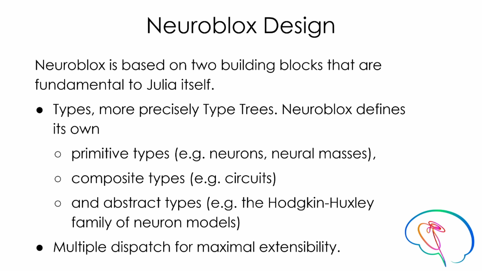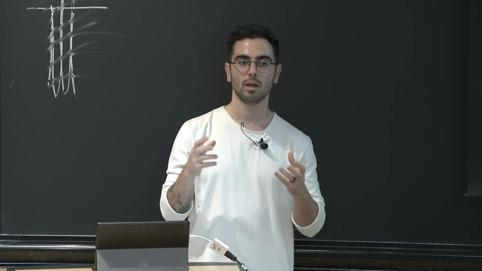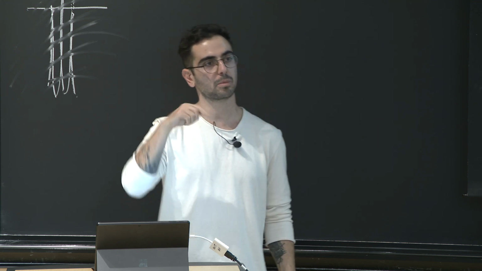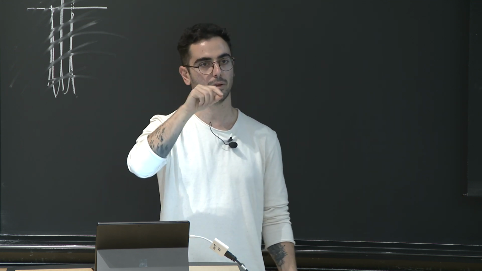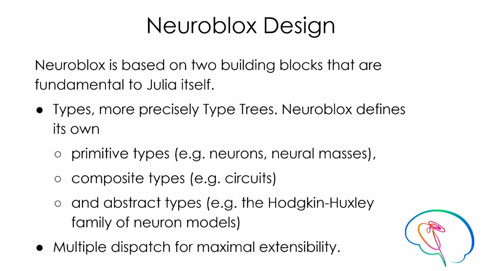And we also have some abstract types, where, as you saw in the exercise yesterday, you cannot instantiate an object that is an abstract type, but abstract types help us as hubs in the type tree that branch out to multiple nodes, and they help us organize the type tree better, and they help with multiple dispatch. You will see how.